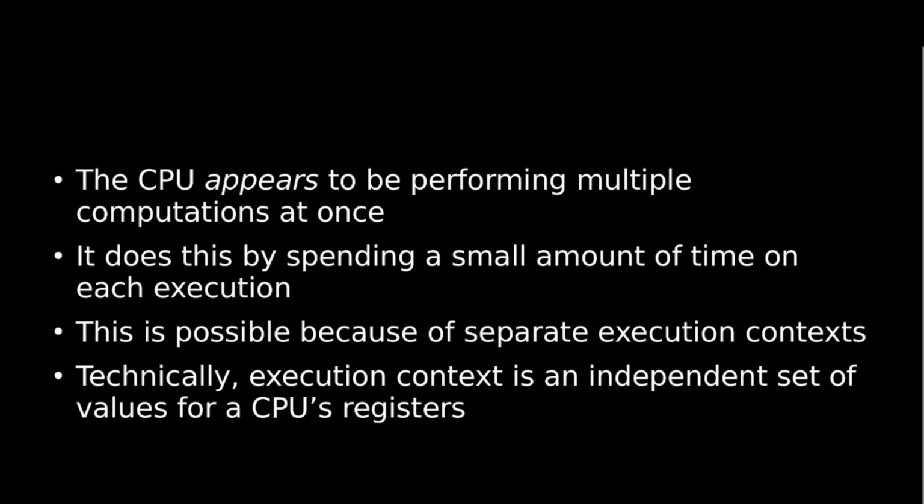It is switching between these. It does this by spending a small amount of time on each execution, on each thread. And this is possible, again, because of these separate execution contexts. The CPU has some context, some information about each of these tasks, these threads, and it knows how to work on them a little bit at a time and switch back and forth between them.